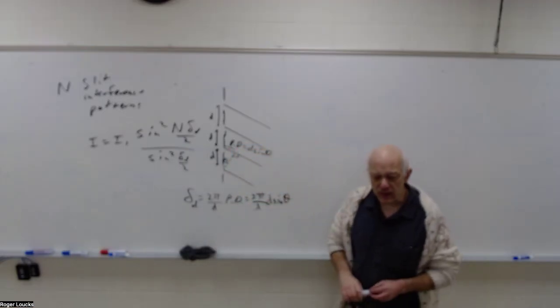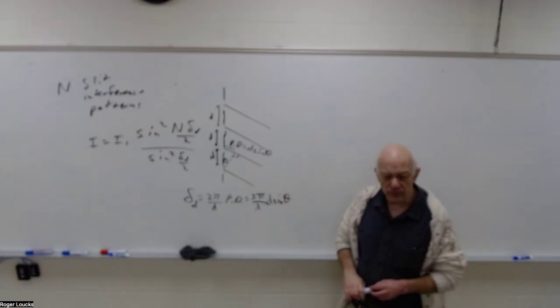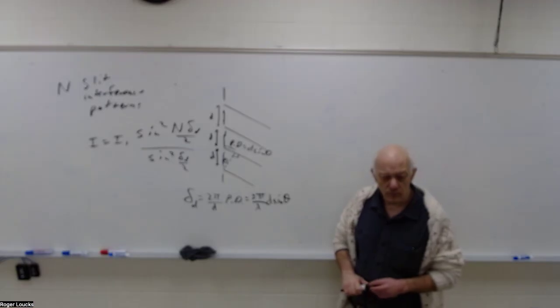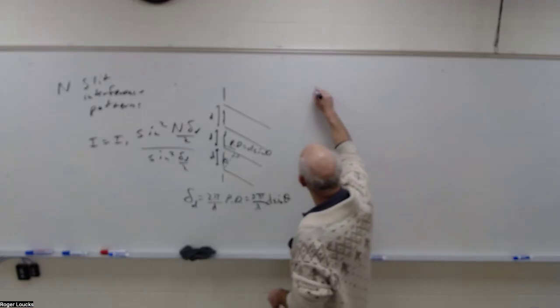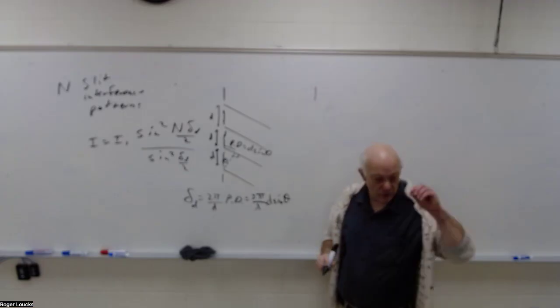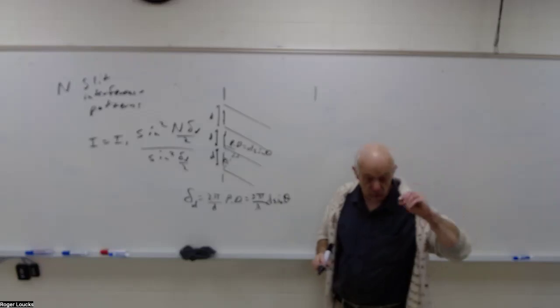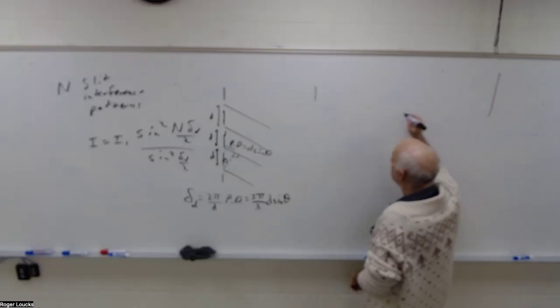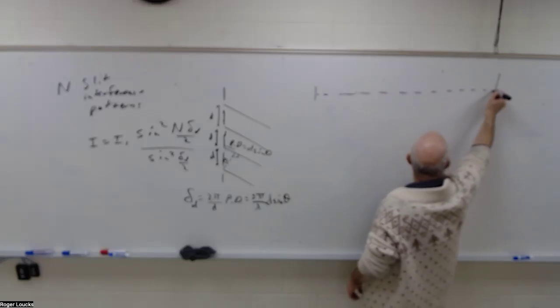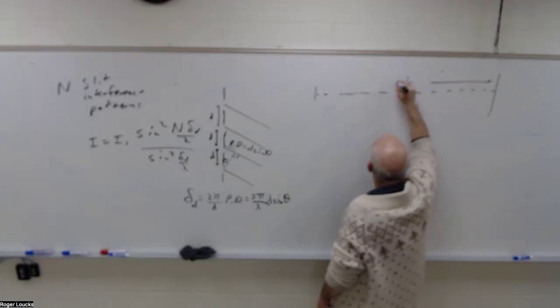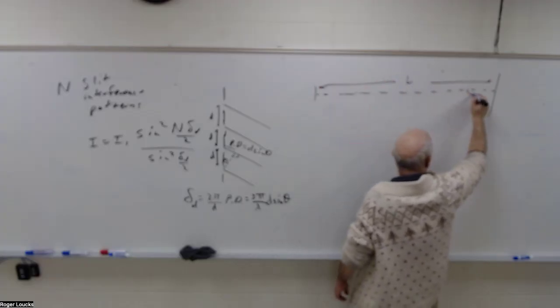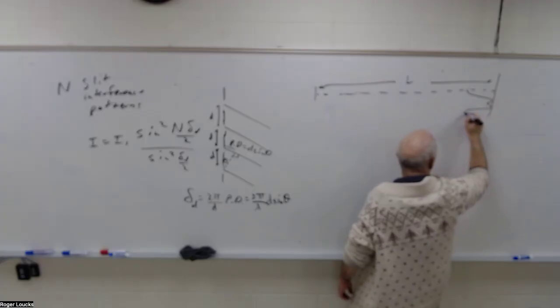And where's theta in the lab? When you set this up, remember we had this little screen there, and the D's are very, very small compared to the L. That's the center right here, and this is my L. Then we have these interference patterns that look like this.